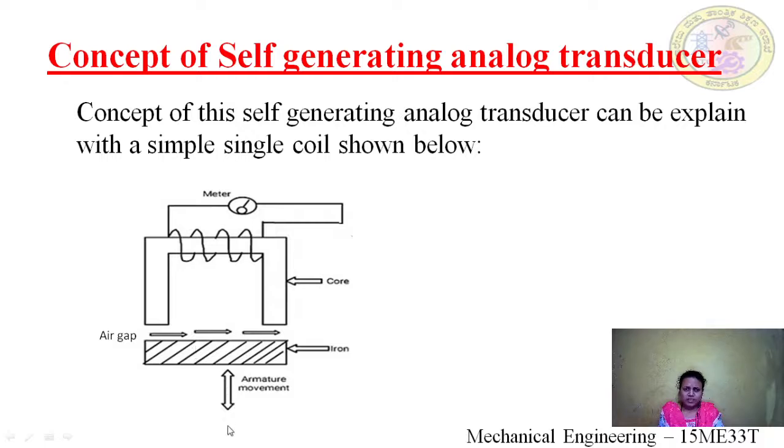Whenever the mechanical element moves or displaces, the armature also moves. When the armature moves, the air gap between the two magnets changes. Because of the air gap change, there is a change in the inductance of the circuit. This change in inductance induces a voltage, and that voltage will be shown in this meter.